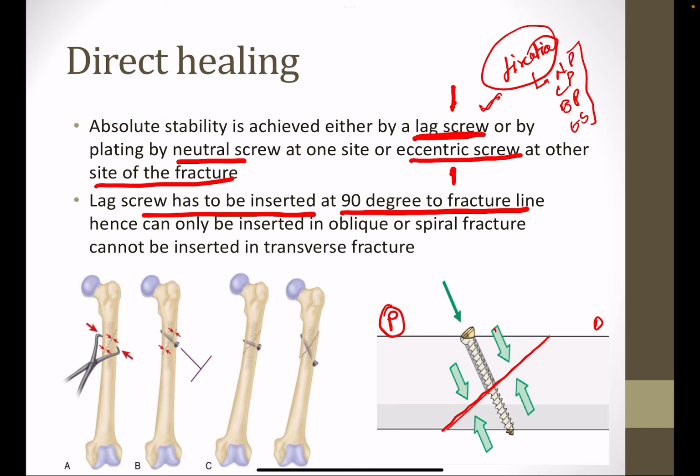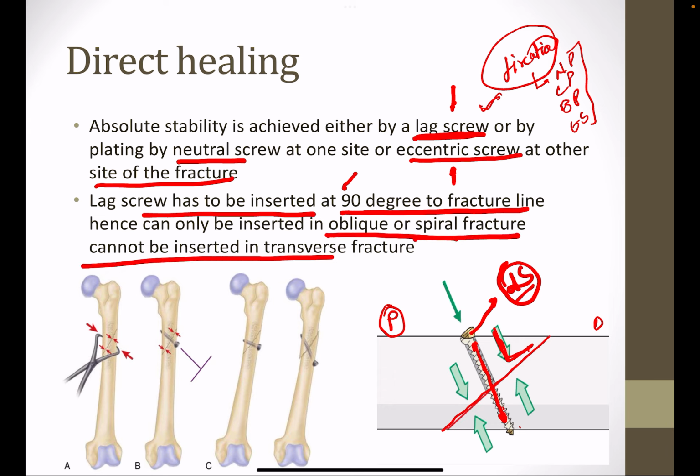So you insert a screw in the desired reduced anatomical position of the fracture at 90 degrees to the fracture site to achieve compression at the fracture. This screw, which is inserted at 90 degrees to the fracture site, is called a leg screw. It is inserted at 90 degrees. That's why it can only be inserted in spiral and oblique fractures, and cannot be inserted in a transverse fracture.